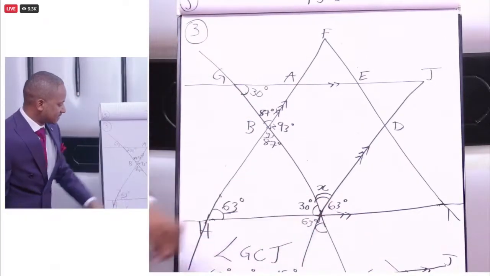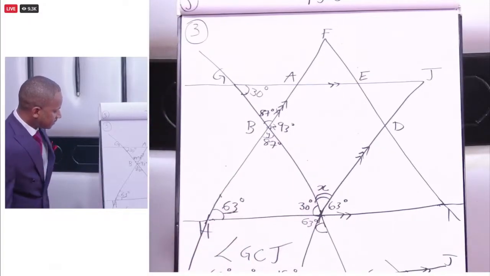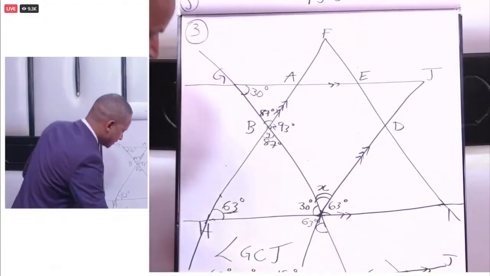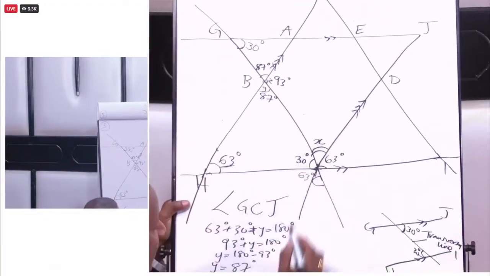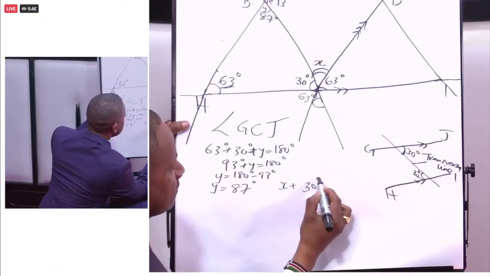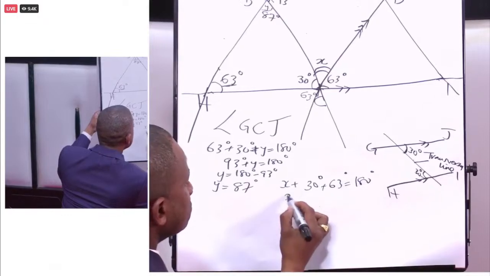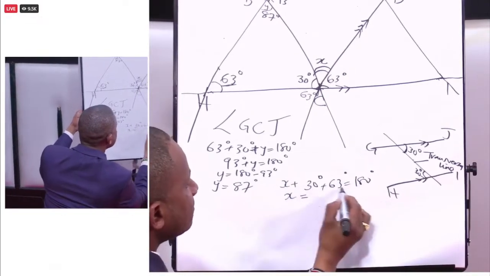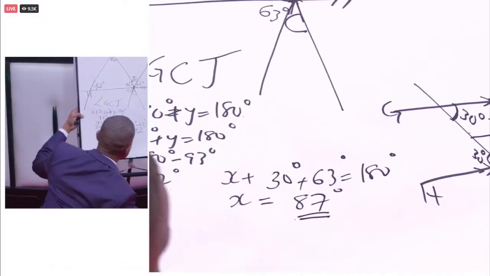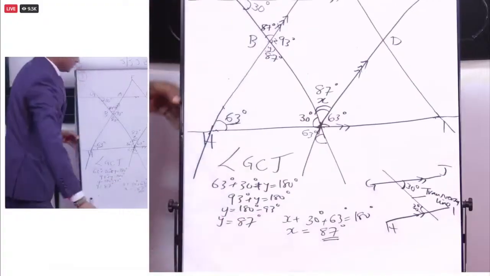If this is 63 degrees and this is 30 degrees and this is X, angles in a straight line add up to 180 degrees. So angle X plus 30 degrees plus 63 degrees equals 180 degrees. So X equals 180 minus 93, which is 87 degrees.